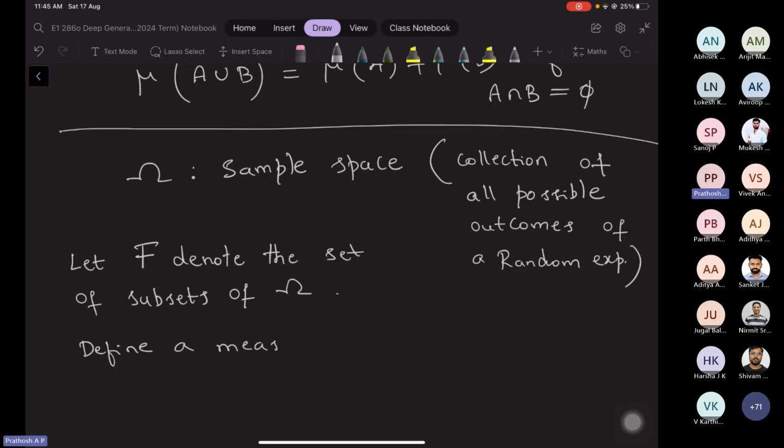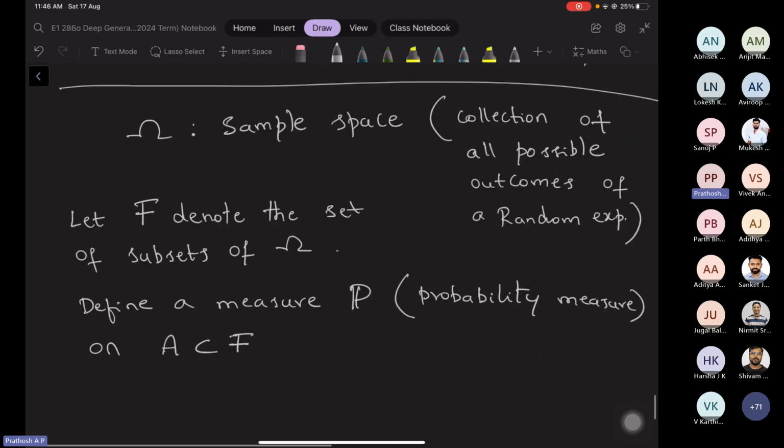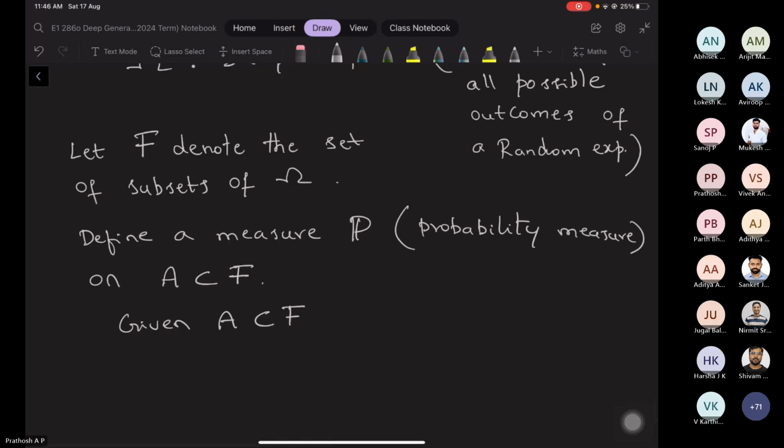A measure P. Actually, we term it the probability measure. On every subset, every element of the subset of the sample space. So now, given any subset of the sample space, I will define a measure on top of it.